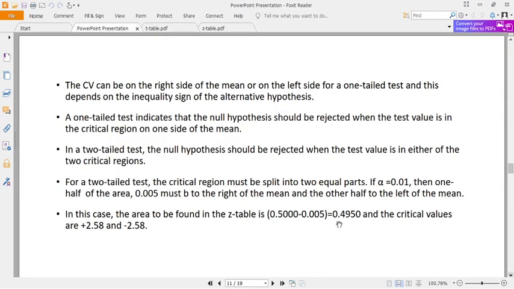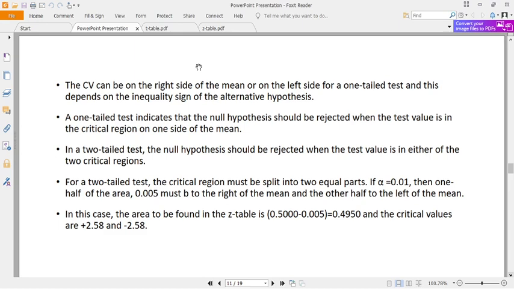Since the critical region is always in the tail, if we are working with alpha over 2 as 0.005, subtracting that from 0.5 will give us an area of 0.495. For the critical value, the Z value that corresponds to that can be got from the Z table.